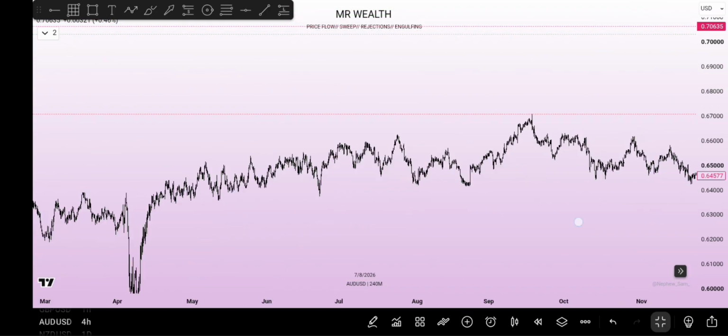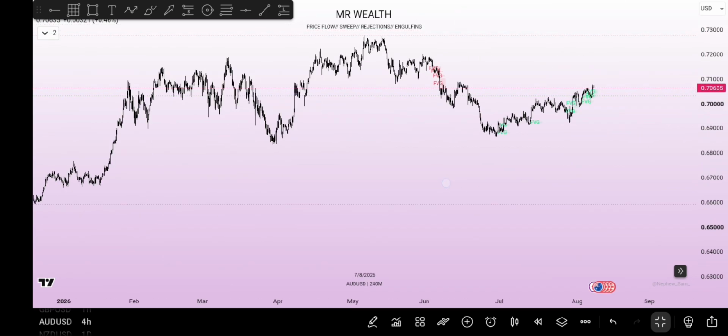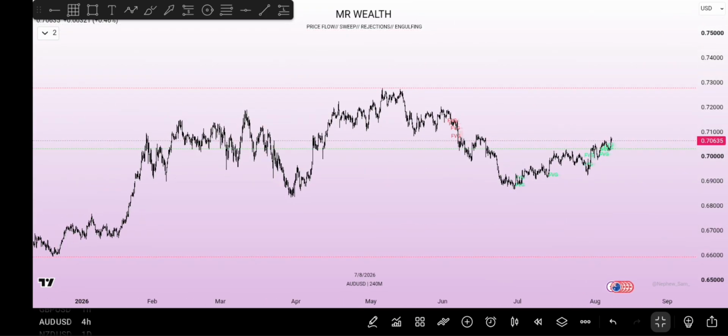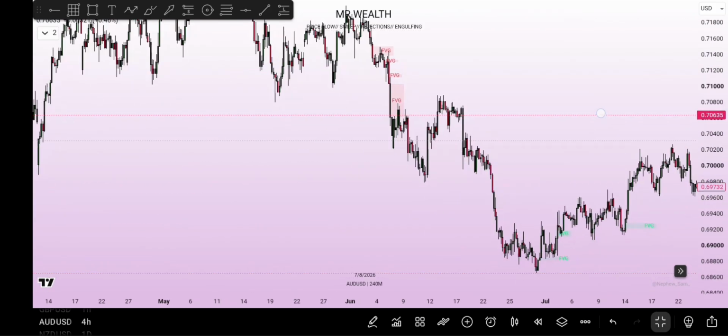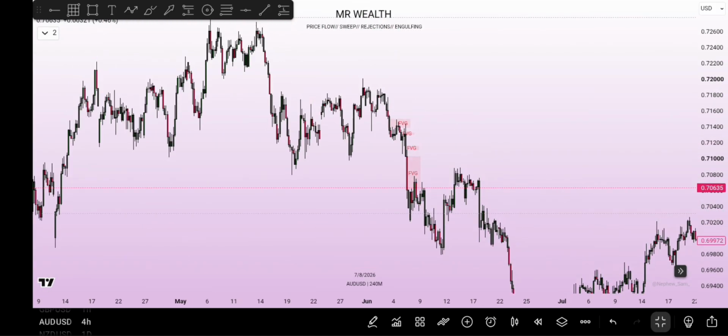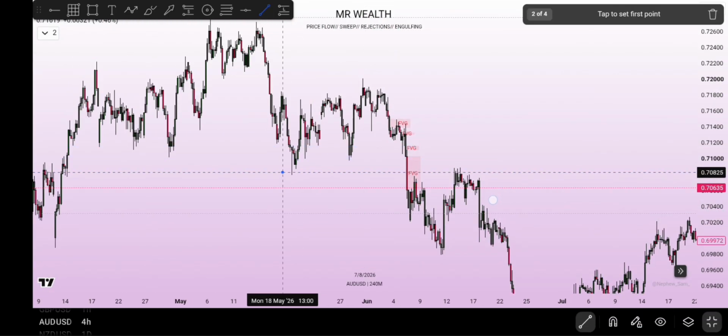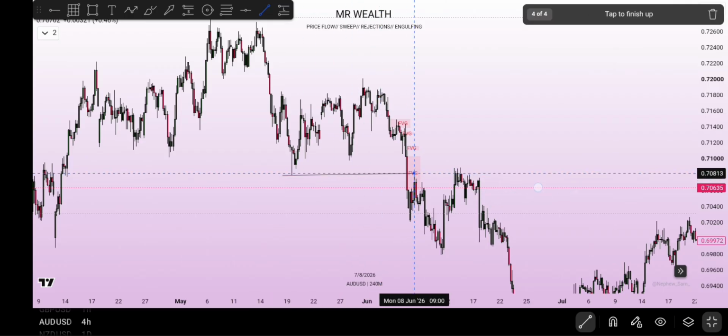The 4 hour time frame. So yeah, there was a break here, the downside, a break there.